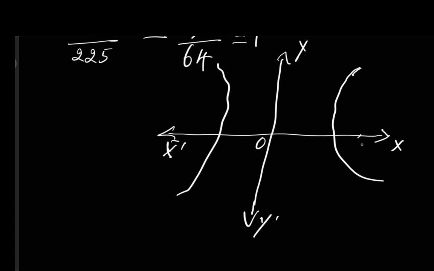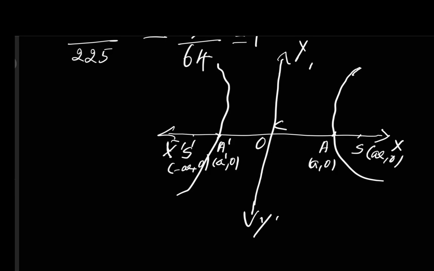And see the foci of this hyperbola: S is AE comma 0 and S dash is minus AE comma 0, and this is the center of the hyperbola. And see the vertices, here you will mark them: A is a comma 0 and A dash is minus a comma 0.